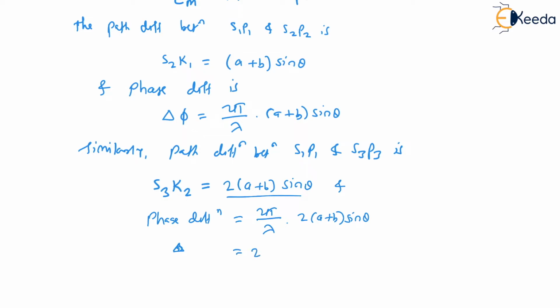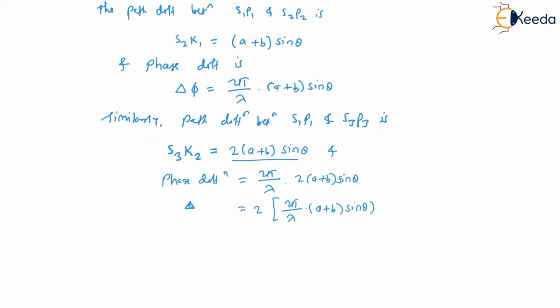So now I can write this equation as 2 into 2 pi by lambda into A plus B into sine theta. But from this equation, 2 pi by lambda A plus B sine theta is nothing but delta phi. So this particular term will be 2 into delta phi. So this is the phase difference for S1 P1 and S3 P3.